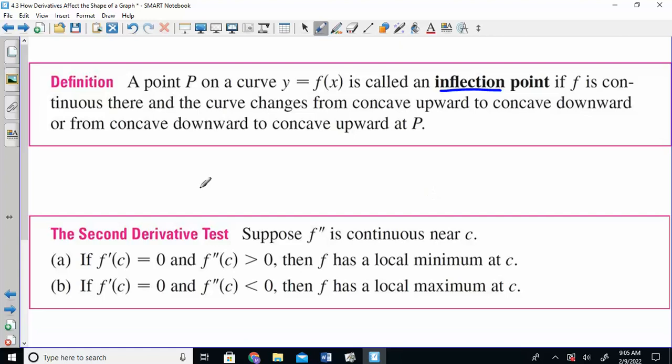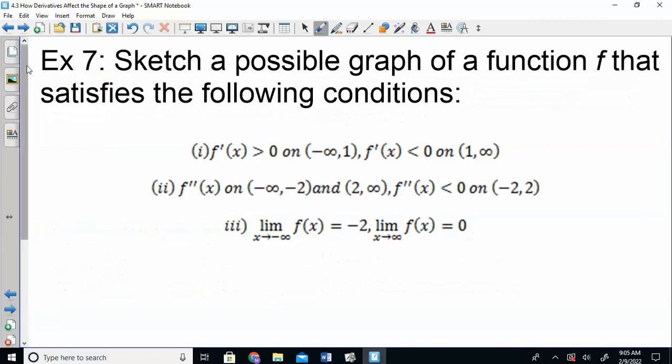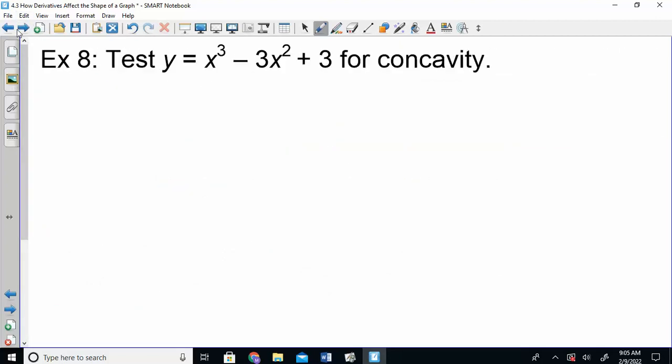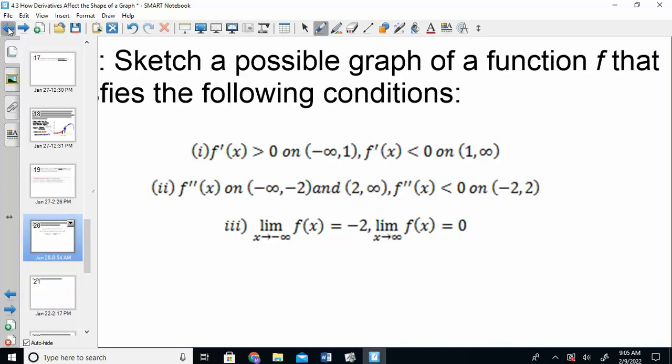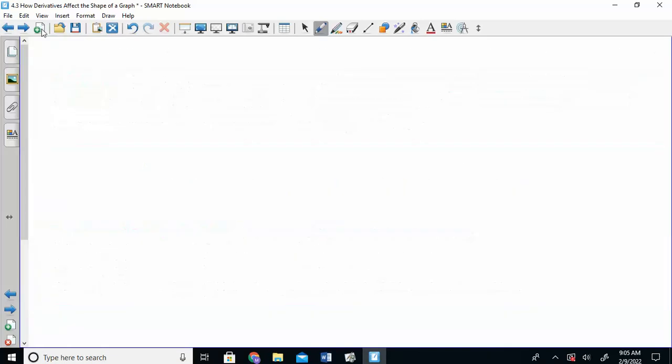So if we think about this, we can make some connections between our different types of graphs. So I have on your page what's called the second derivative test, and I want to talk about that.